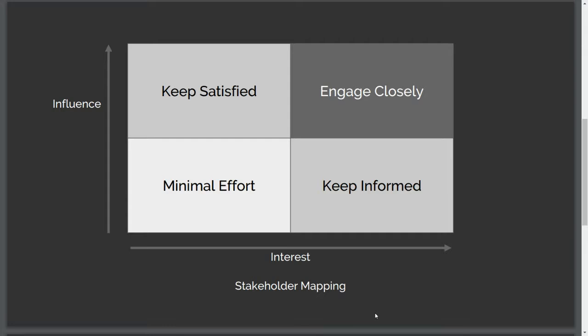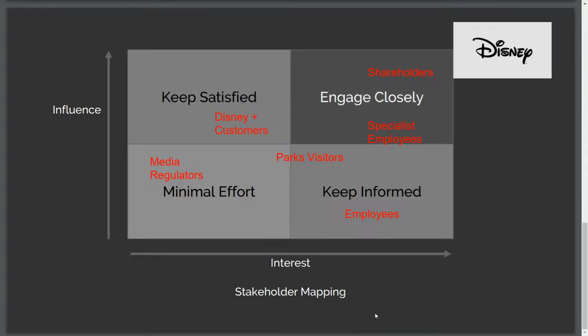So what I want to do is just give you an example of this so that you can see this in action. And I've chosen to think about Disney. Hopefully you can see in red, I've inserted some groups of stakeholders into various different parts of this diagram. And I've done this fairly quickly and with some thought, but not a great deal of formal information gathering.